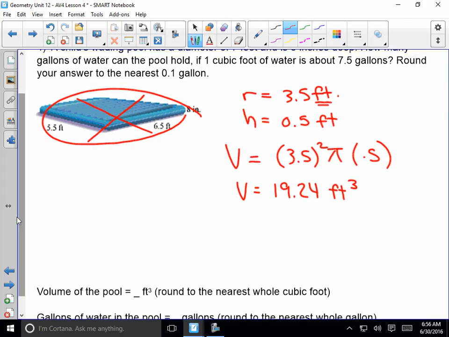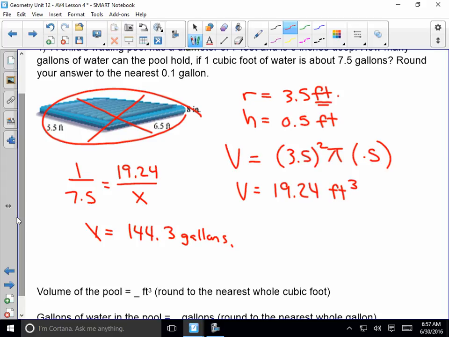This is where we use the ratios that we've used. 1 cubic foot is 7.5 gallons, so 19.24 cubic feet is X gallons. So X equals 7.5 times 19.24, and we get 144.3 gallons.